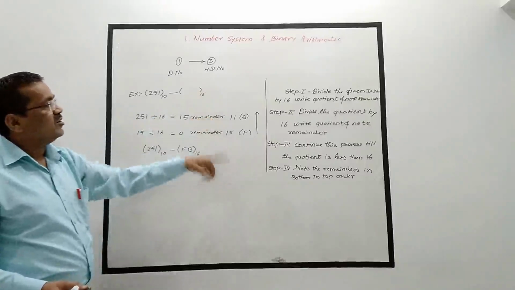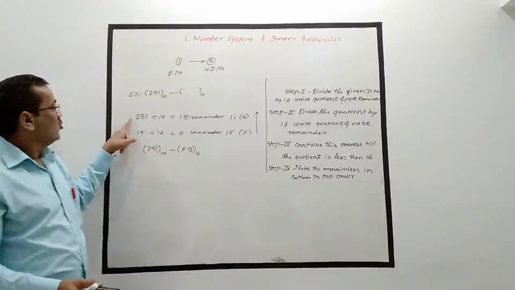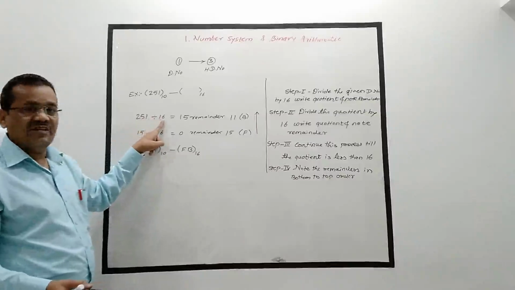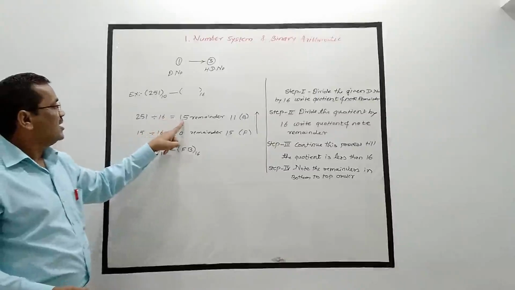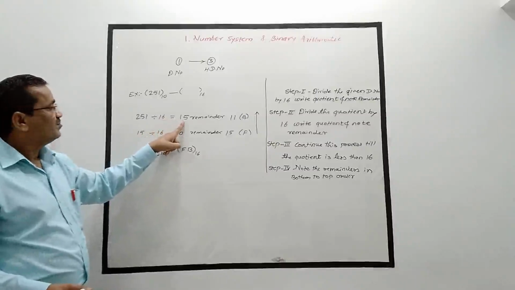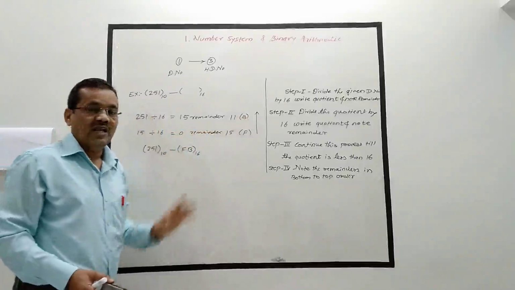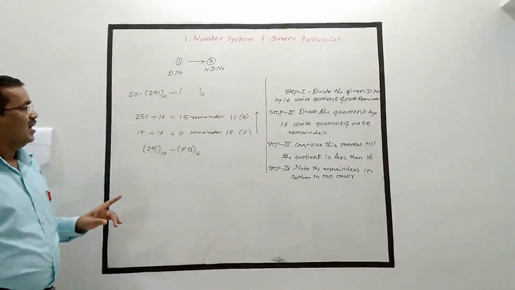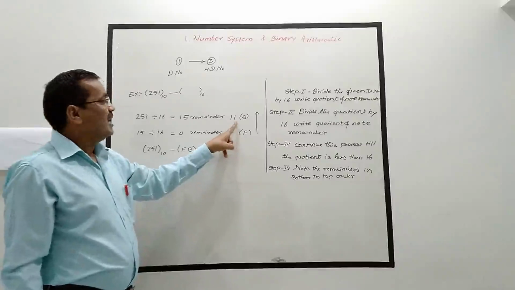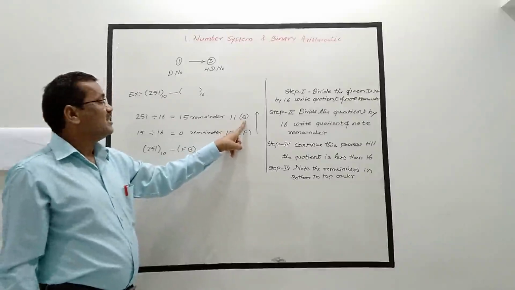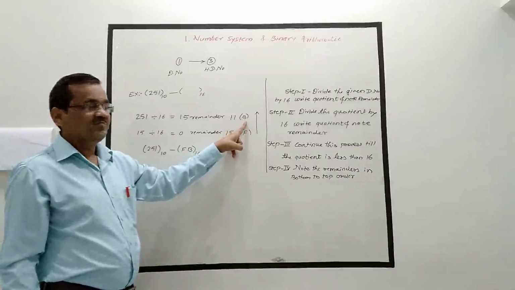So according to the steps and procedure, first step, 251 divided by 16. Quotient is 15 and remainder is 11. As 11 is equivalent to B in the hexadecimal number system, write B here.